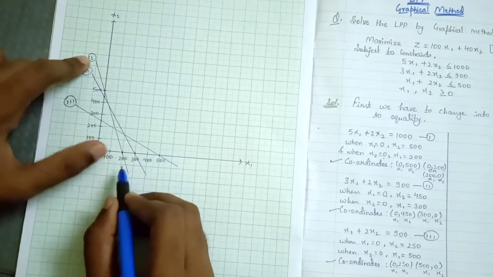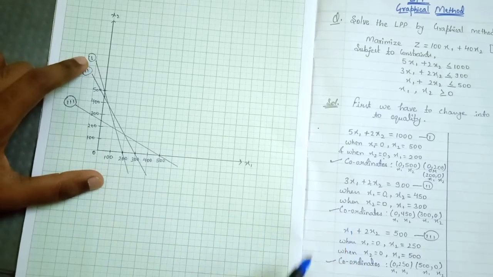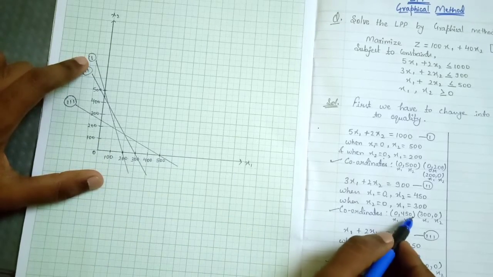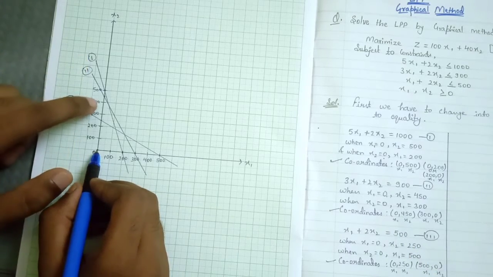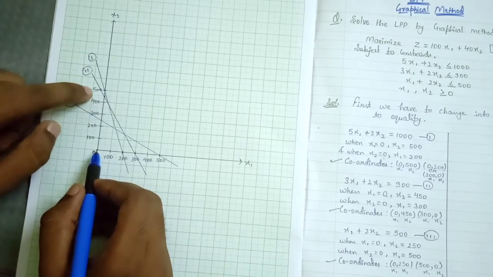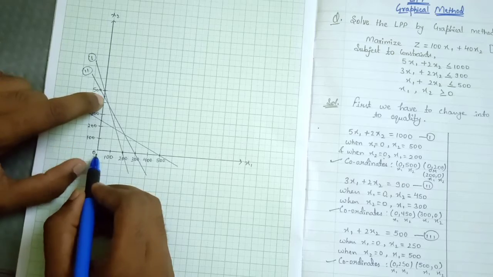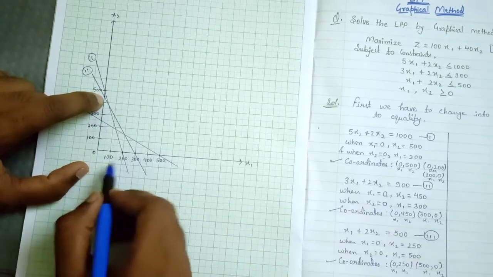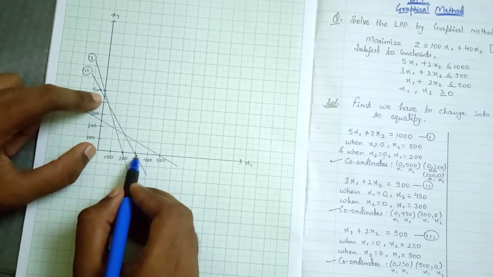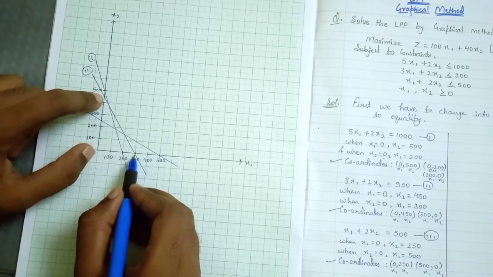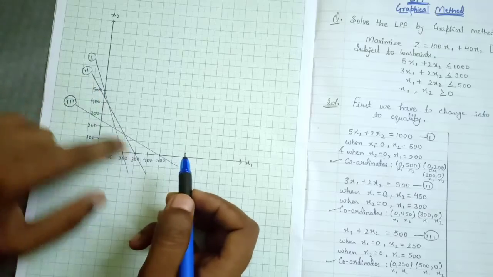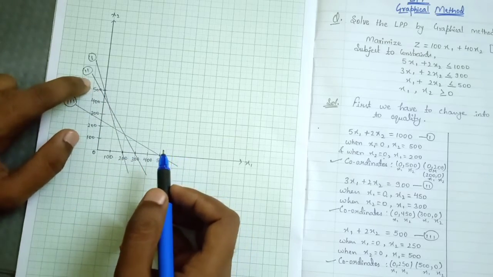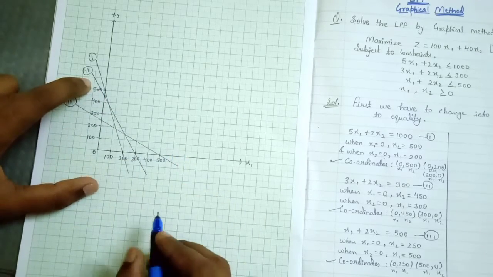Same we will do for equation 2 and equation 3. For equation 2, the points are (0, 450) and (300, 0). We will join these 2 points and we will get the second equation line.